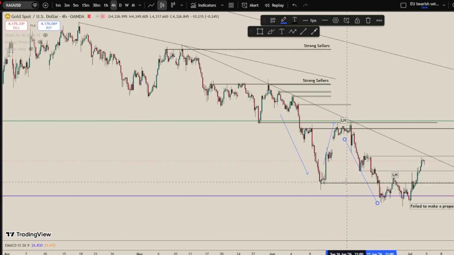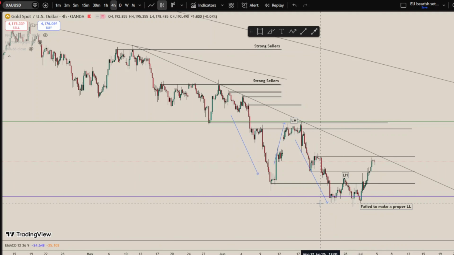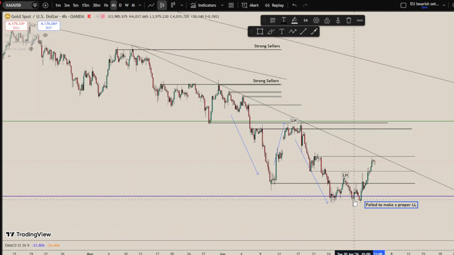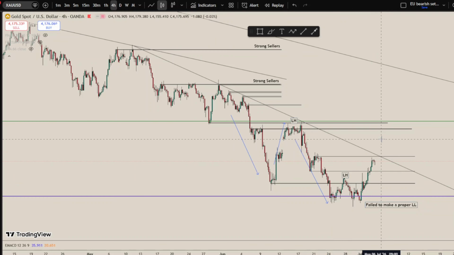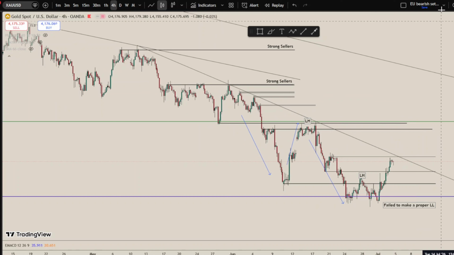The continuation broke this level as well, and then came to this weekly support area, which I explained earlier. We can also clearly say that it made a triple bottom and failed to make a proper lower low. Before going to that, let's go step by step, so we can have a better story behind the price action.